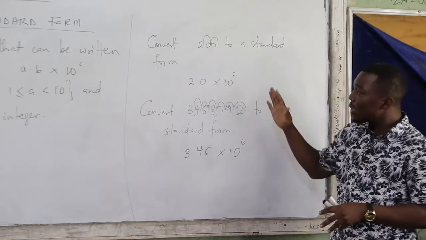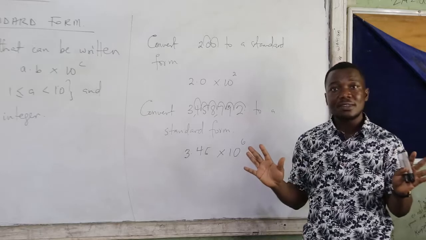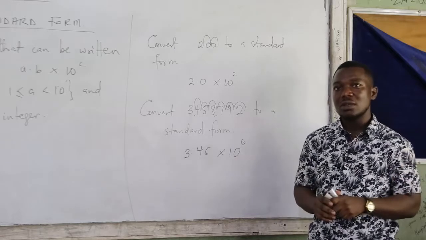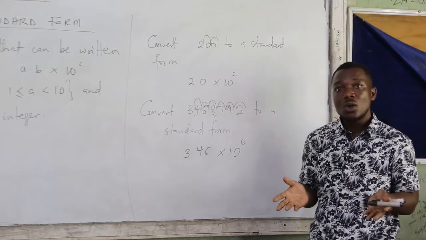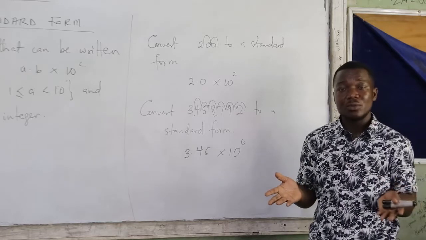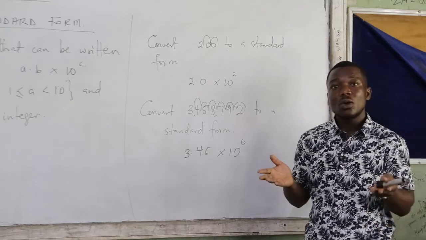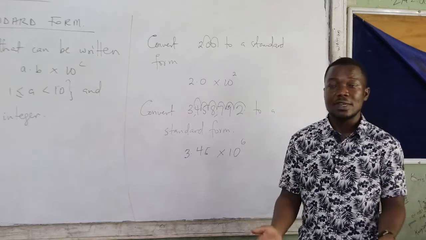Now, if you look at all the examples that I'm giving, these two examples, the figures first did not have a decimal point. So I asked, if a figure has no decimal point, why are you introducing a decimal point? I'm saying that every number can be written with a decimal point. If the number is a whole number, we have .0.